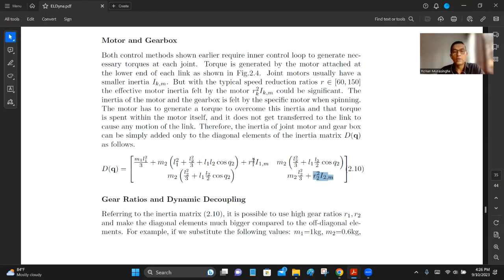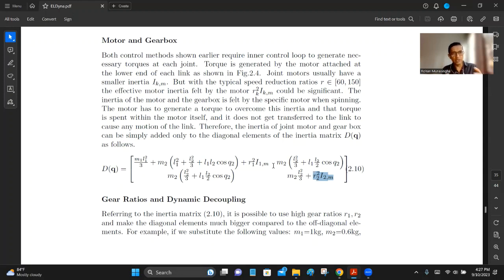What is that? R1 square I1M. This is the motor and gearbox inertia times the reduction ratio, R1 square. Because, particularly mechanical guys, they know about this. When you have a rotating body which is rotated by a motor through a gearbox, and speed is reduced by a certain ratio, say 1 to n or n to 1.